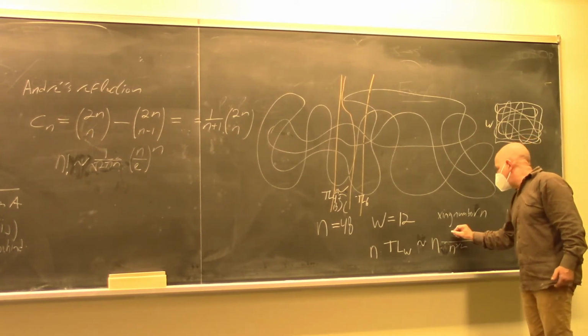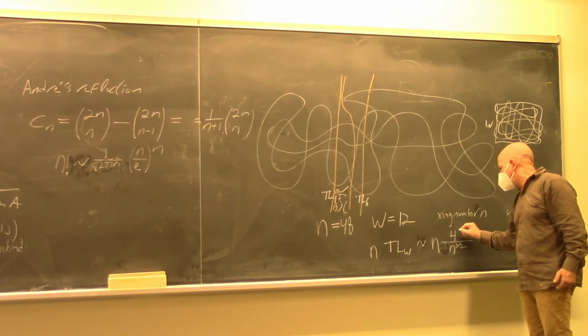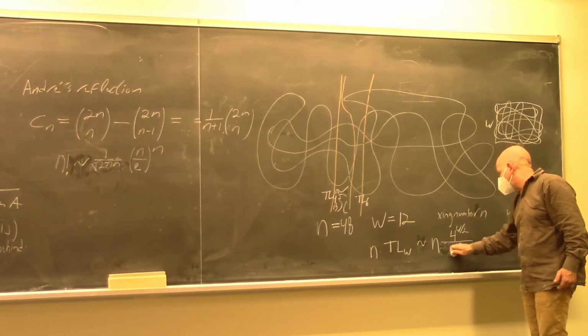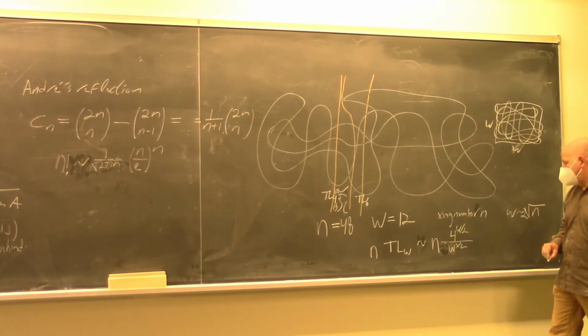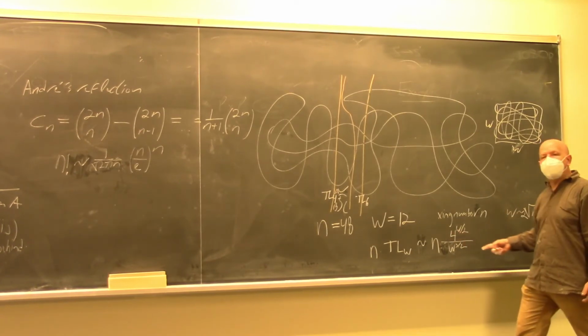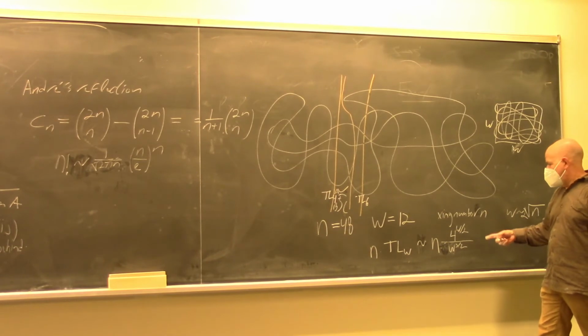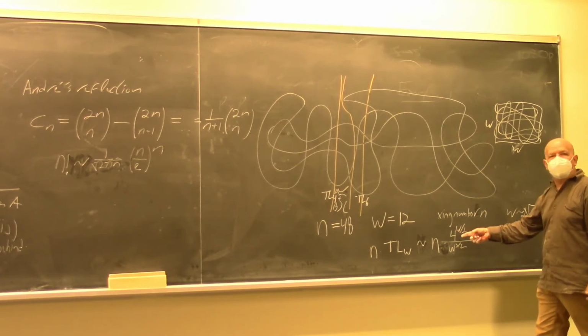And then in the numerator, you'll have 4 to the power W over 2. Sorry, this is not n, this is W. So you'll need roughly that many operations. And W is the square root of n.